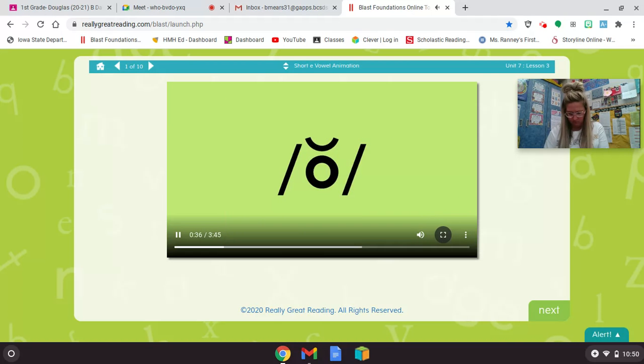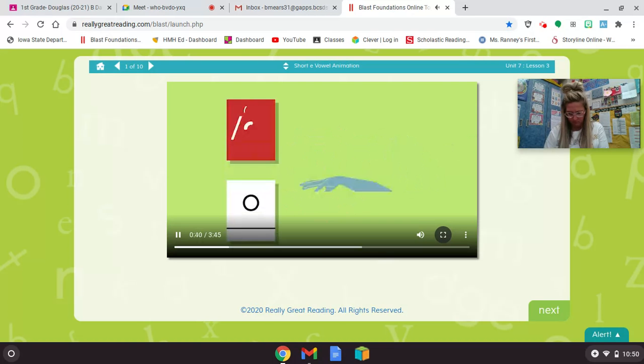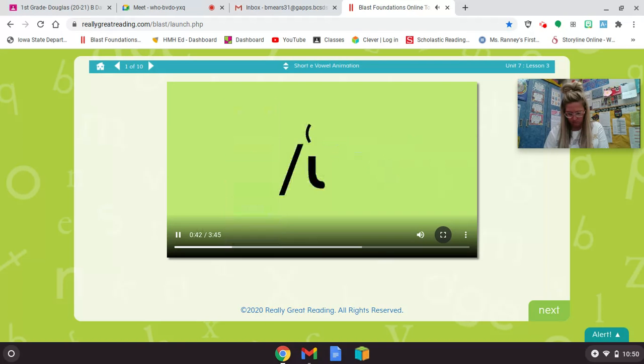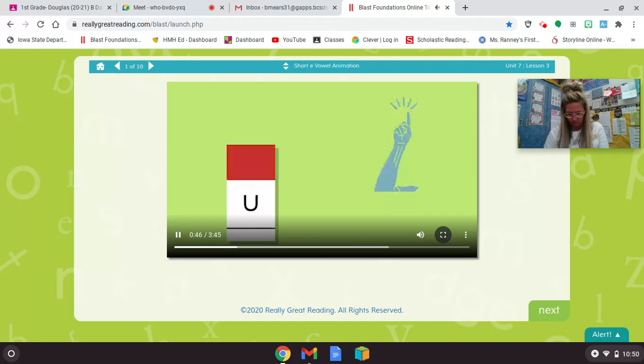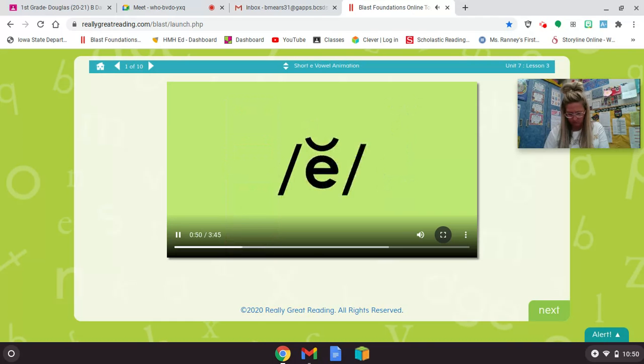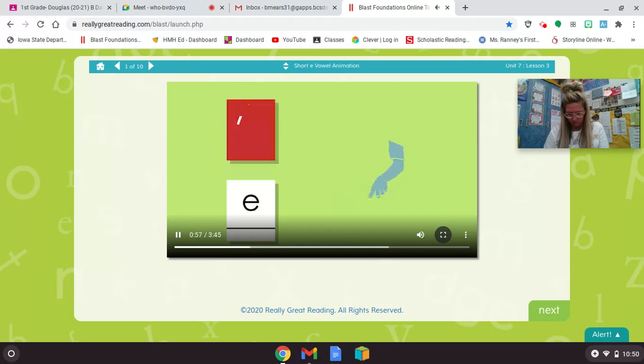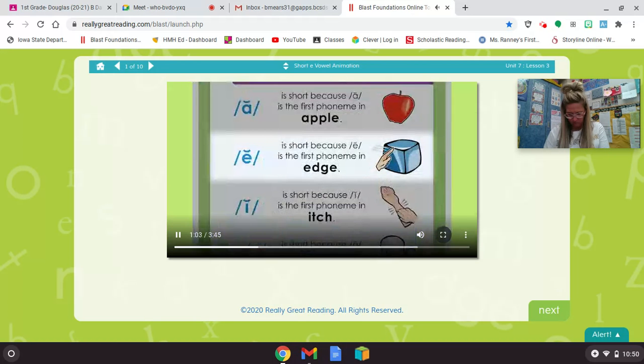The short O phoneme is like the first phoneme in octopus. The short U phoneme is like the first phoneme in up. Today, we will practice reading and building words with the short E vowel phoneme. The short E phoneme is as in edge. We can remember that is the short E phoneme because it is the first sound in edge.